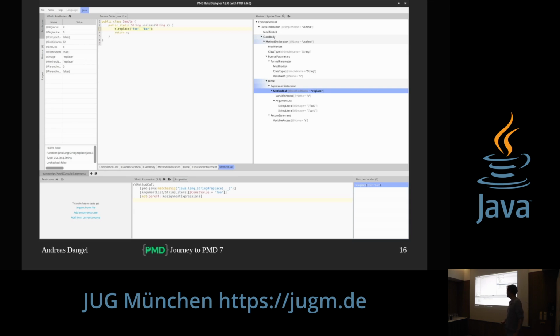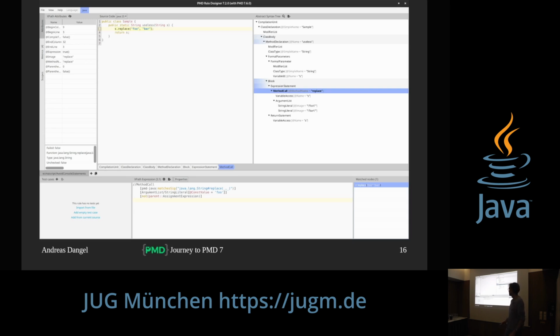In this example, I search all method calls for a specific method, so all method calls to string replace. And I further narrow it down that I only want to see the calls that have foo as an argument.